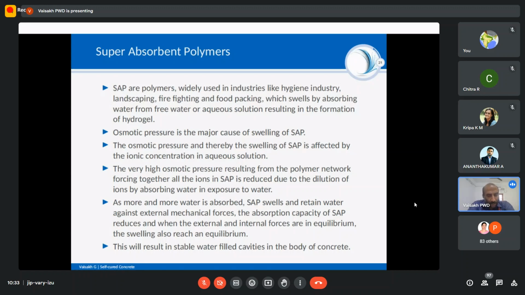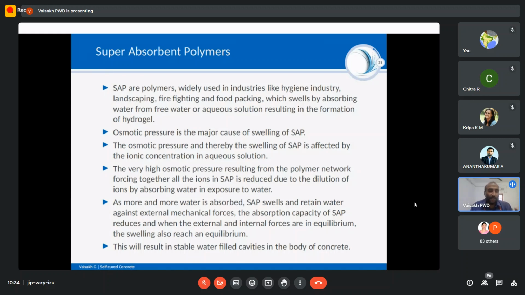The SAP absorbs water due to osmotic pressure, and it absorbs water till it reaches equilibrium in osmotic pressure between external and internal forces. So once it is there, it will be stable till the external osmotic pressure drops.